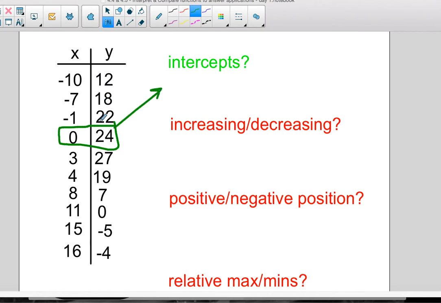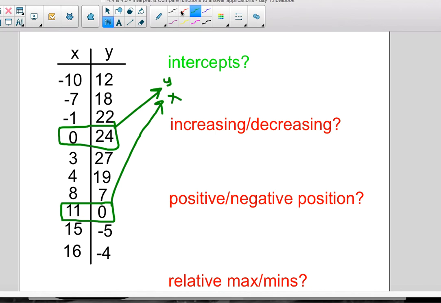And then if you see another one, 11, 0, that has to be another intercept. And those are my 2 intercepts. I don't see any other zeros. So 0, 24 would be my y-intercept, and 11, 0 would be my x-intercept. I don't really see anything else.